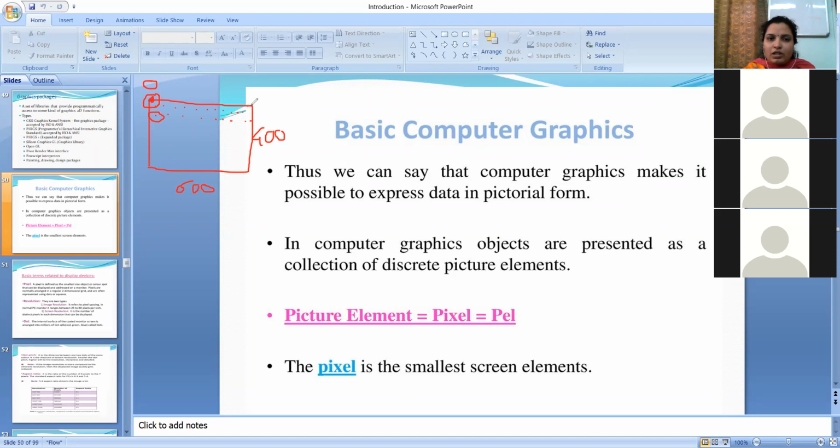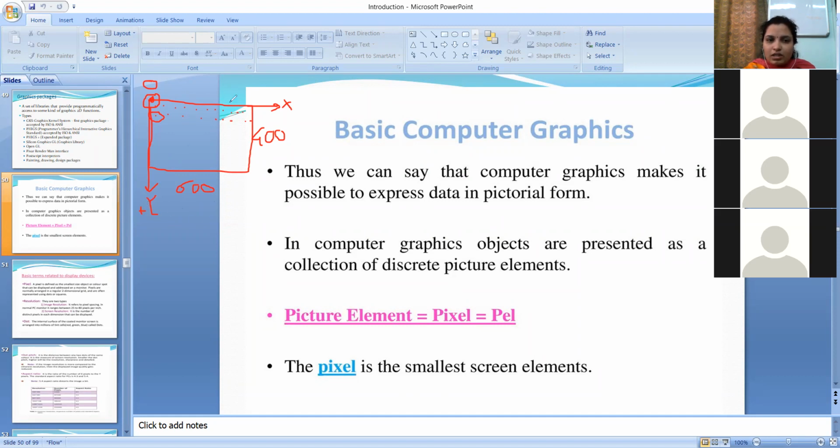This horizontal axis, the topmost edge of the window, is considered as your positive x-axis, and this vertical line of the window is considered as your positive y-axis. Though the axis is moving downwards, it is still considered positive in nature.